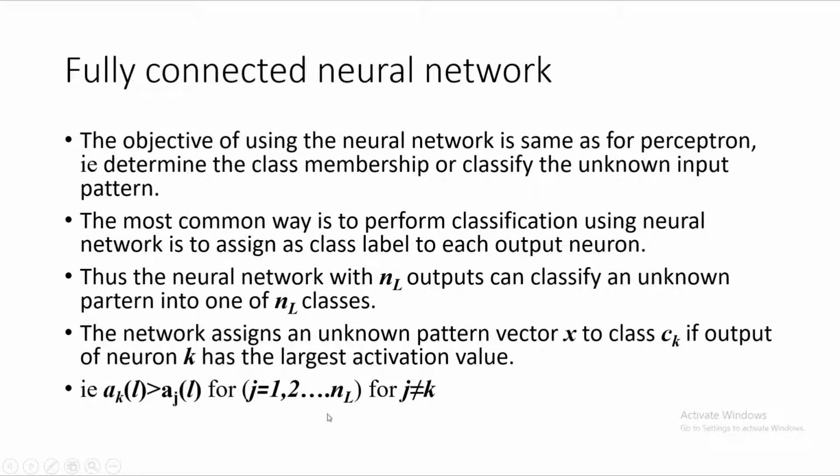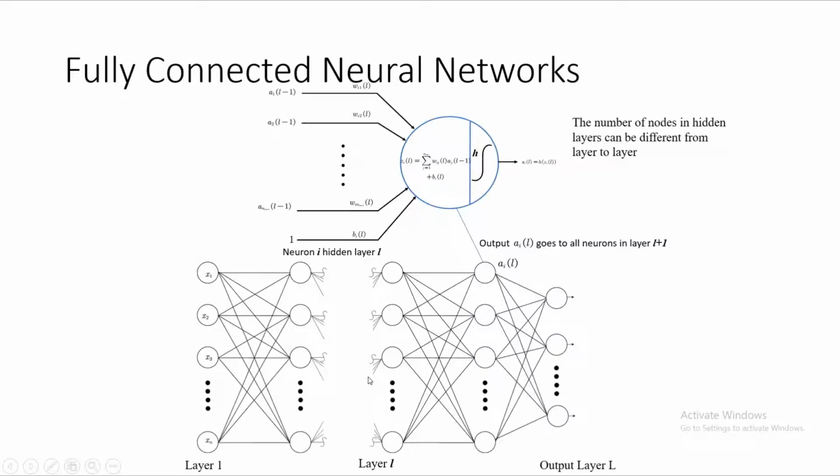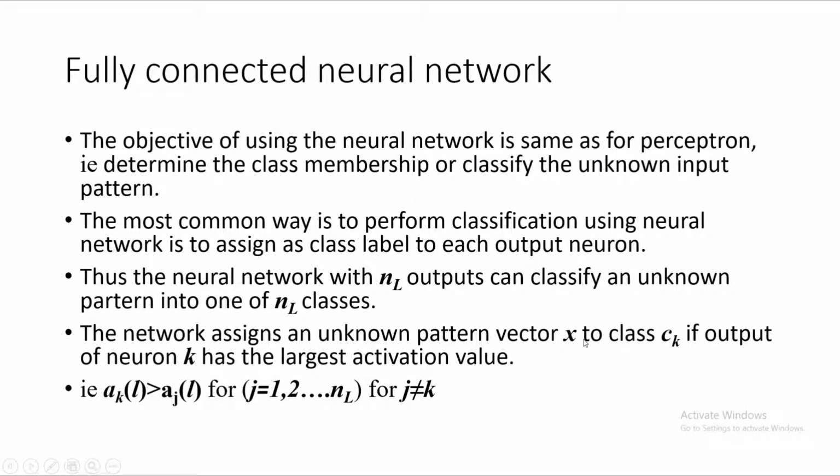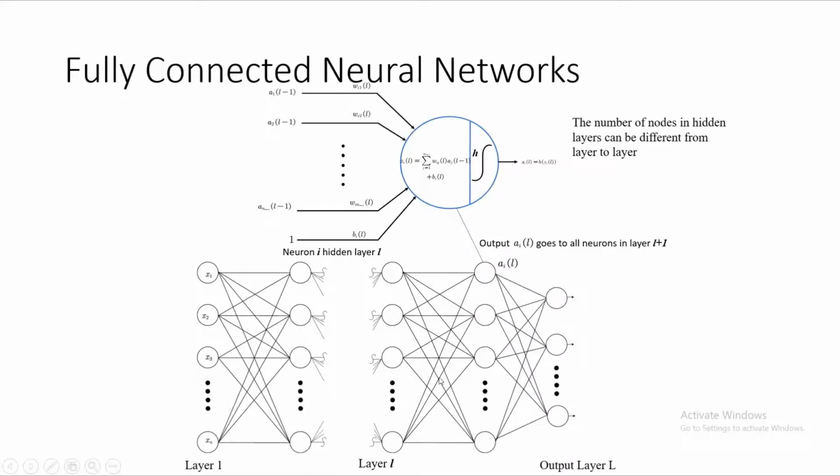So we will assign this vector to the class if the activation value of a particular node is greater than all other nodes. Suppose the value of this neuron is higher than others, then this input vector will be assigned the class of this particular output.